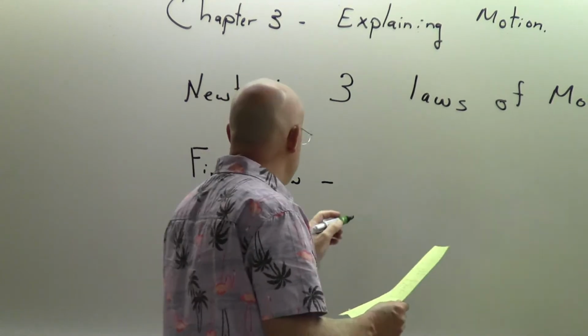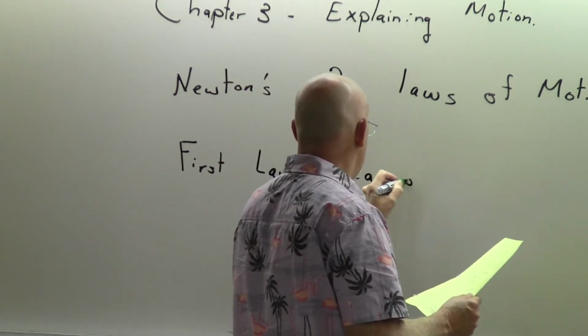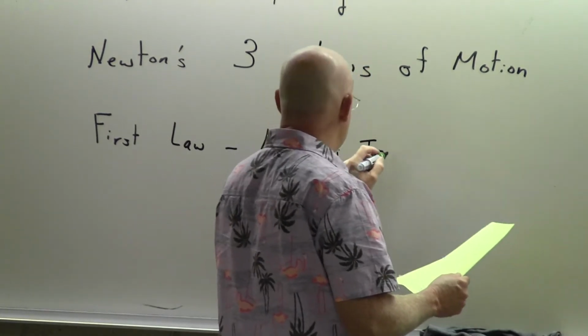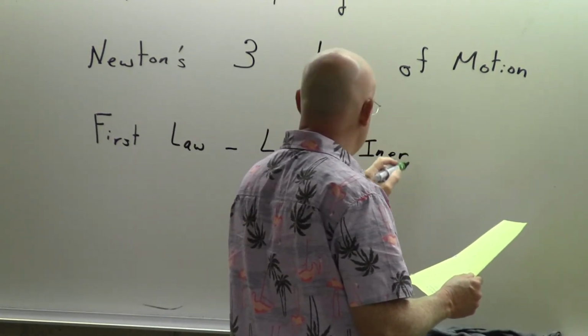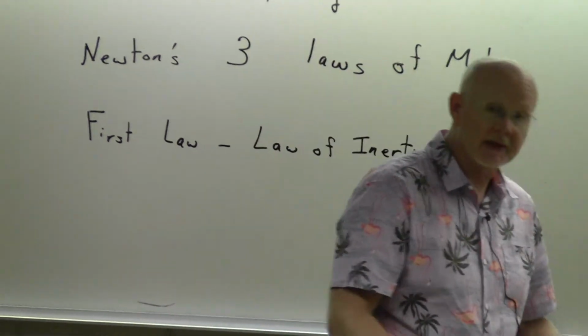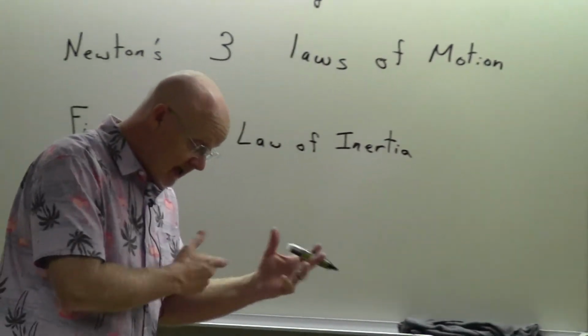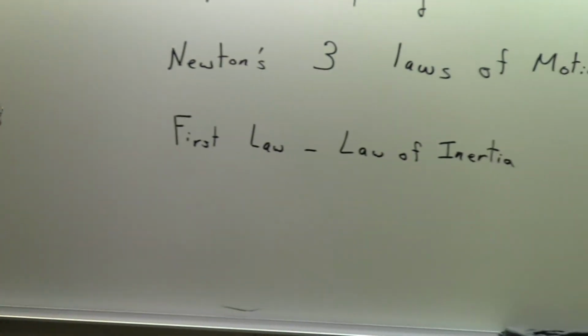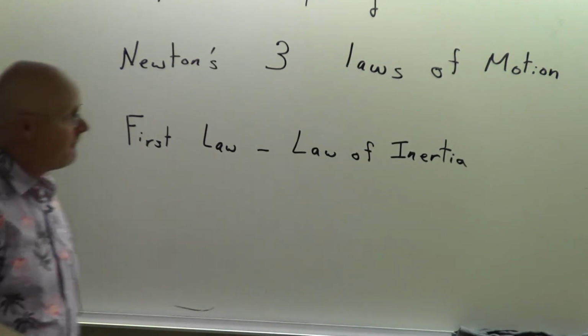The first law we called the law of inertia, and it tells us whether something is or is not accelerating. That is, an object at rest wants to remain at rest, and an object in motion wants to continue in motion unless acted upon by a net force.